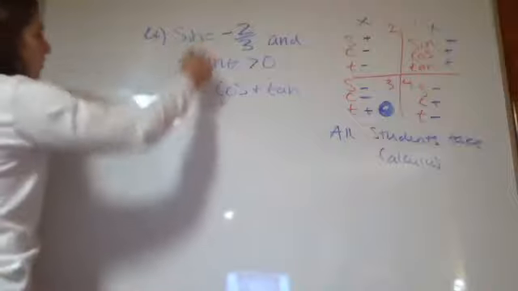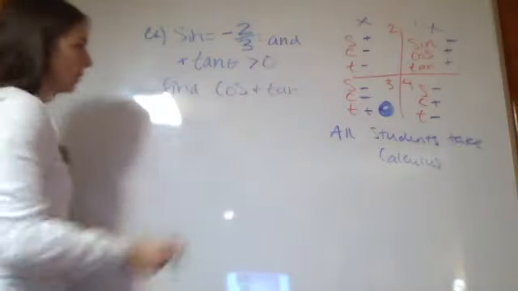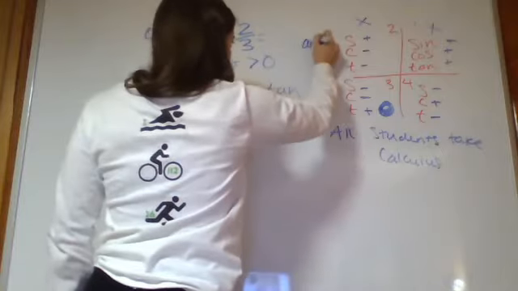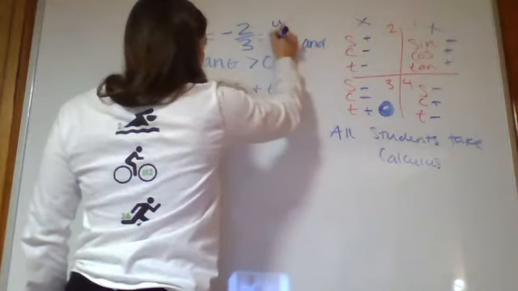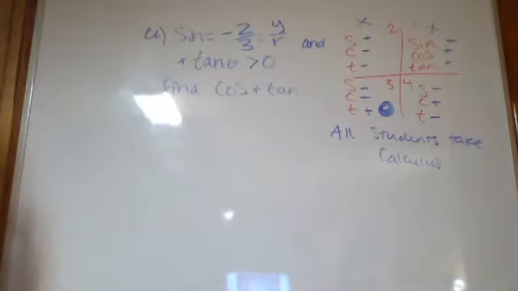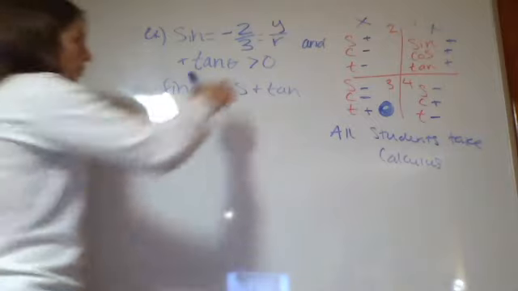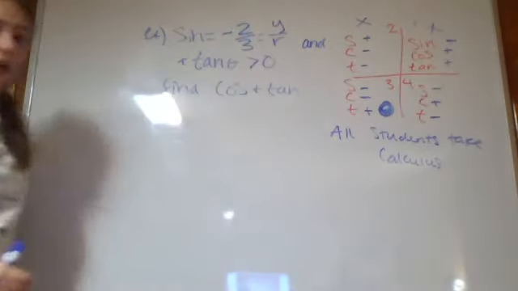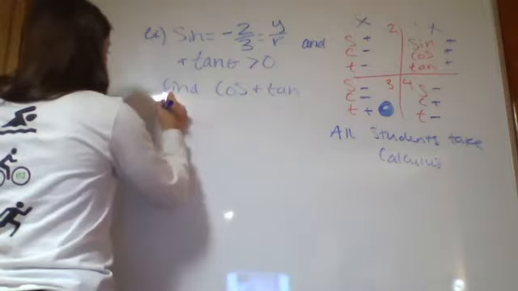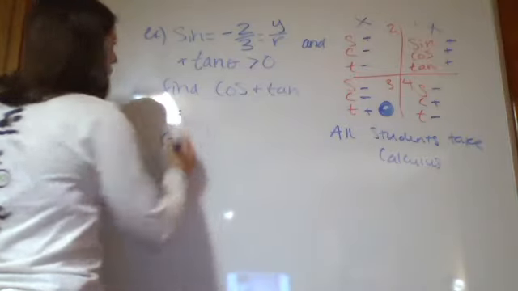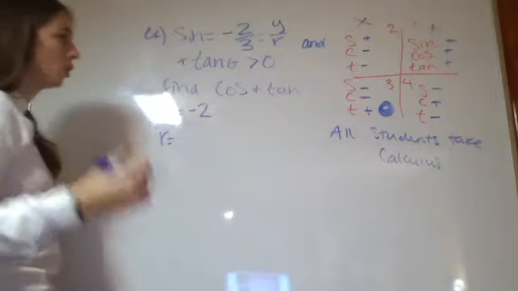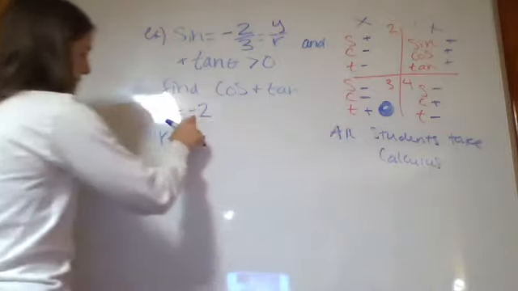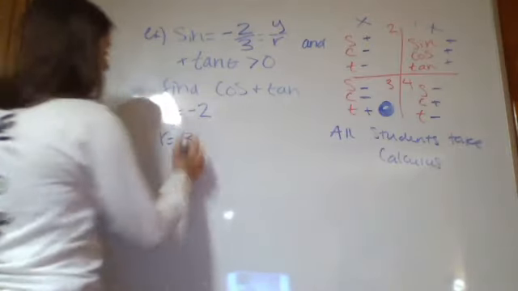Pulling this sine value apart, if I'm not referring to a value on the unit circle, sine is going to equal y over r. My negative is going to come from the -2, because my r value is not going to be negative. So my y value is -2, and my r value is 3.